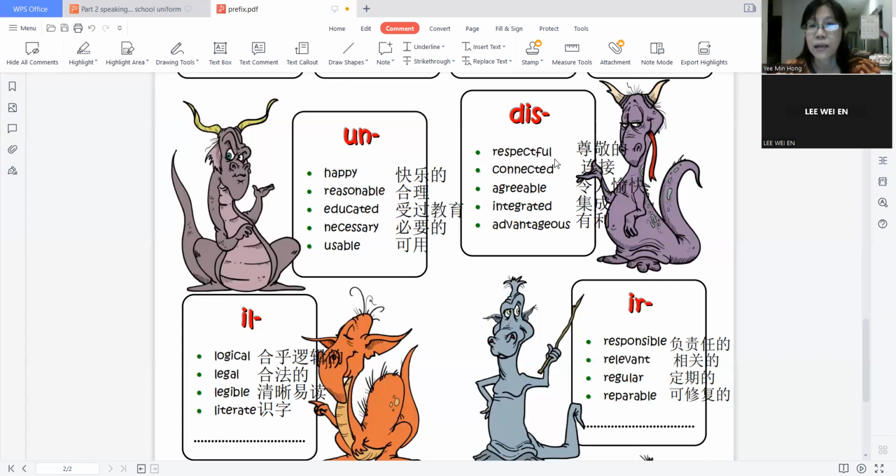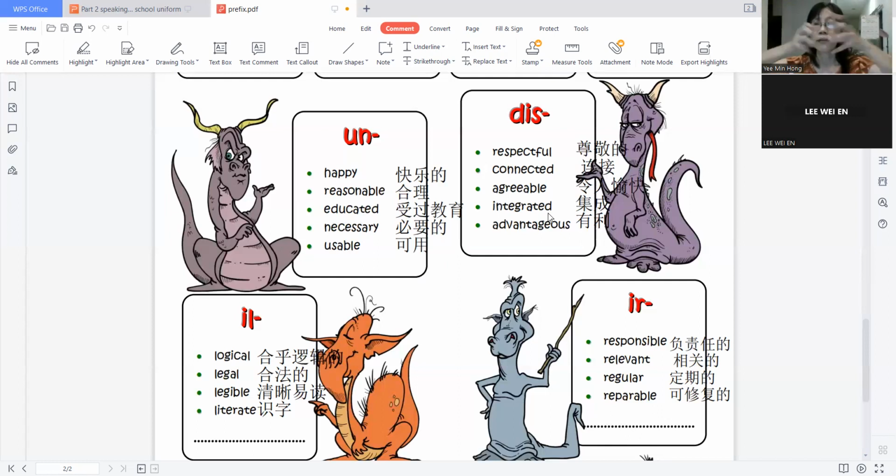Respectful, you understand, right? The person is really respectful. Connected: both of them are connected to each other. Agreeable actually has two meanings. Agreeable means in a friendly environment, so you agree with each other, pleasant. Another meaning is that it is something we can agree on together.